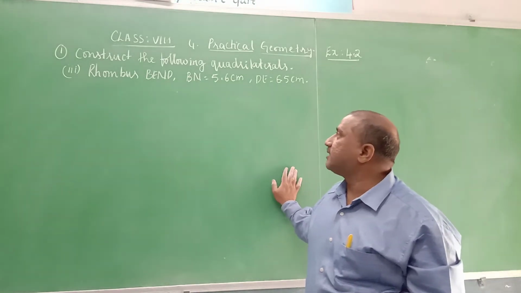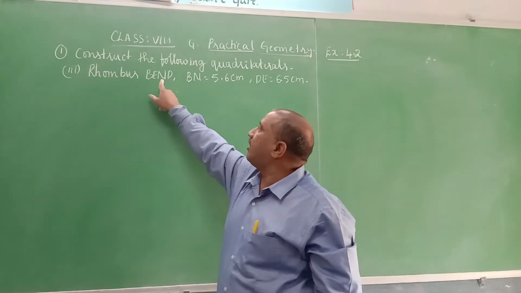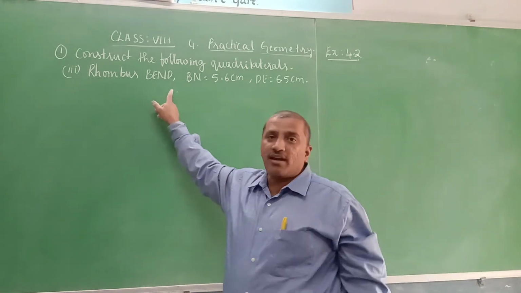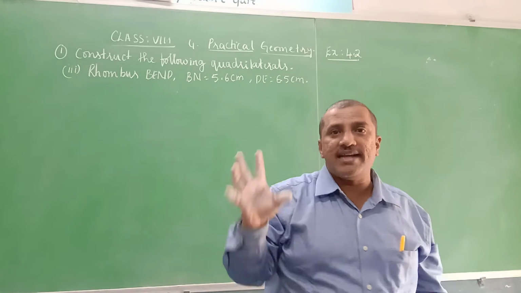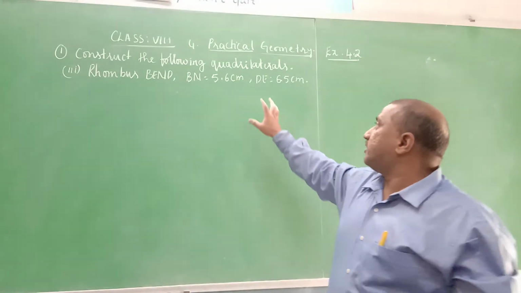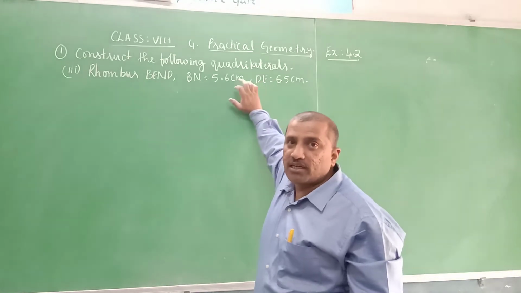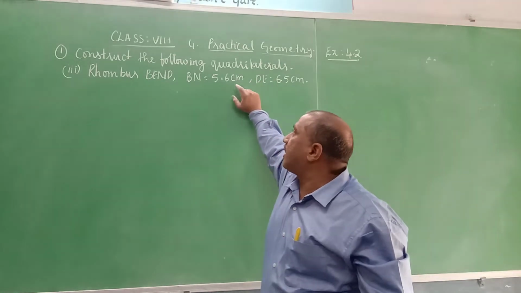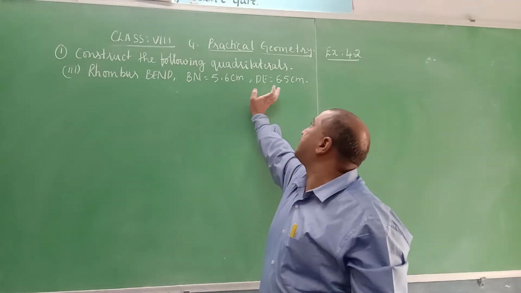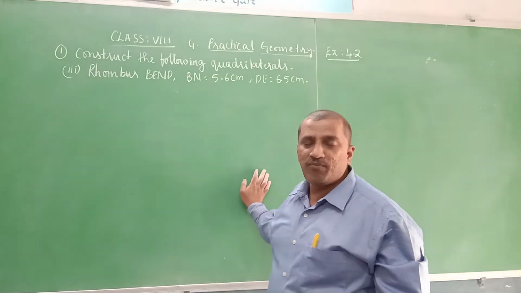BN and DE are alternate letters, so they represent the diagonals. It means the two diagonals of the rhombus are given as 5.6 centimeters and 6.5 centimeters.